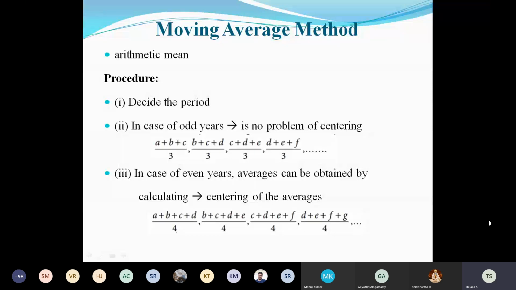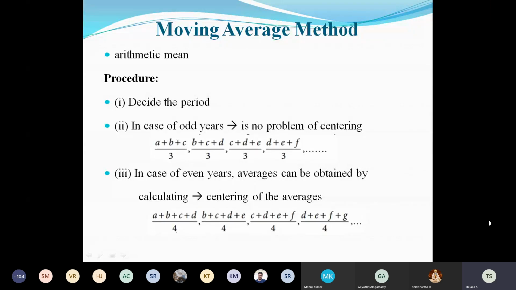So A, B, C refers to the first year, second year, third year, and the average of the first 3 years is A plus B plus C by 3. This total has to be written in the middle of the 3 years, that is on the second year. Likewise, this is the first set. Likewise, the second set average, which contains the second, third and fourth years, B, C, D, 2, 3, 4 by 3.